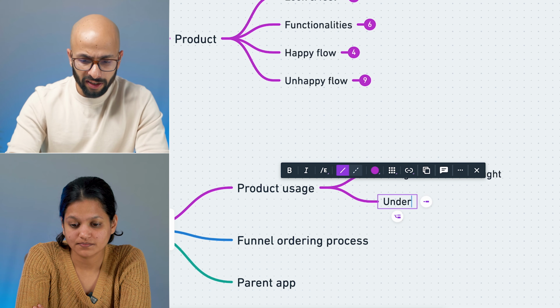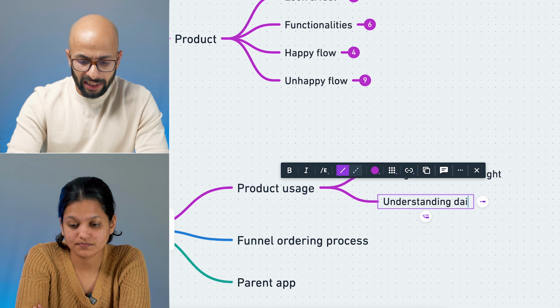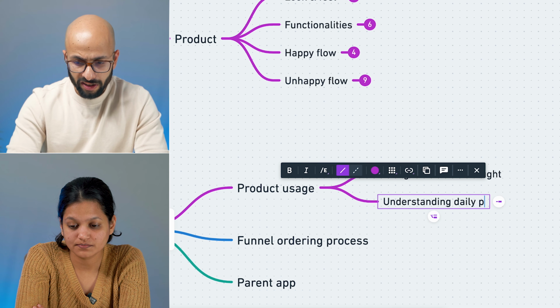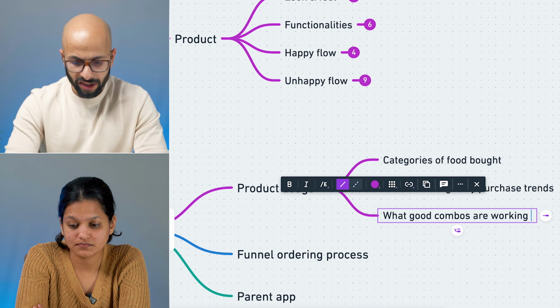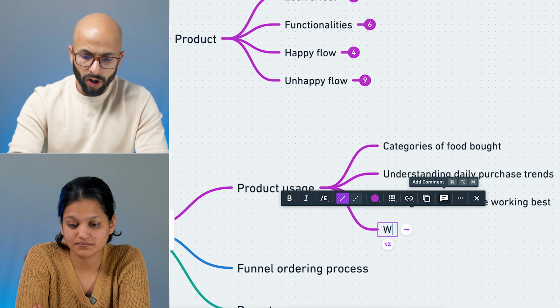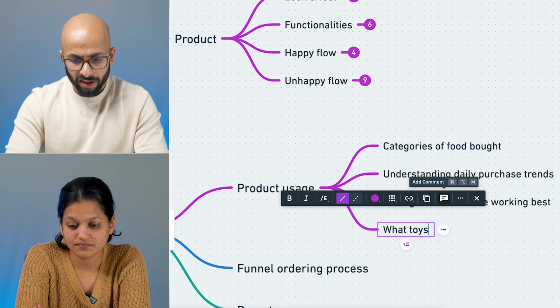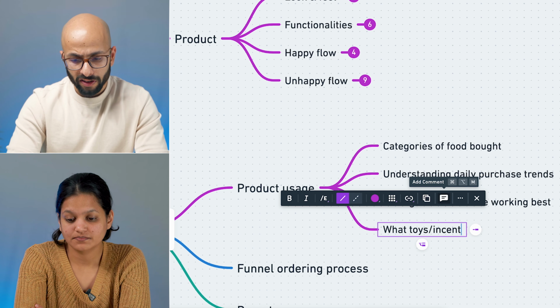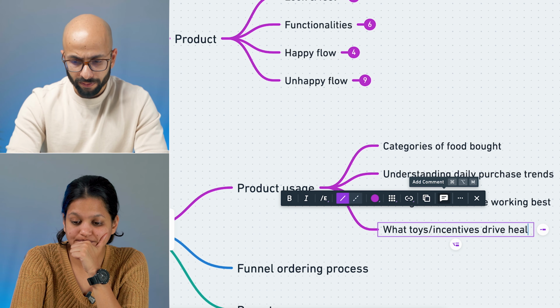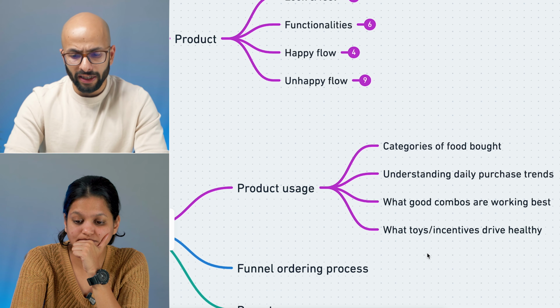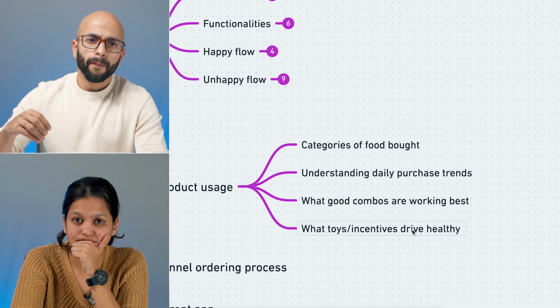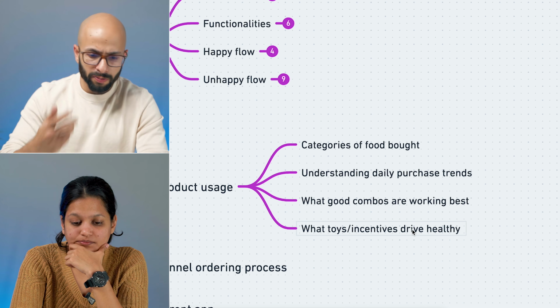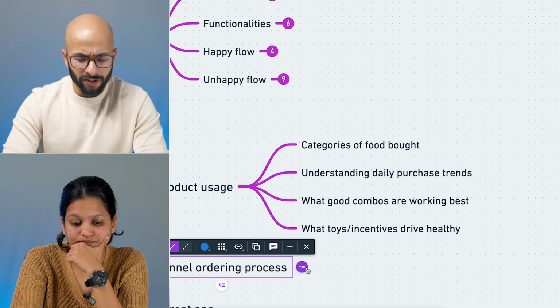So understanding daily purchase trends, what food combos are working best, what toys or incentives drive healthy food, basically, because that's one of the things that you want to keep optimizing for. I think if you keep optimizing for healthy food adoption, parents are going to want to use this product even more, right? And the food ordering process is pretty straightforward.